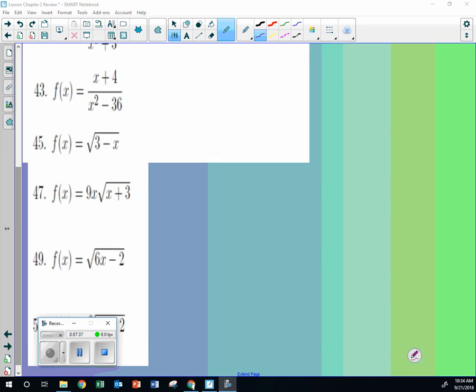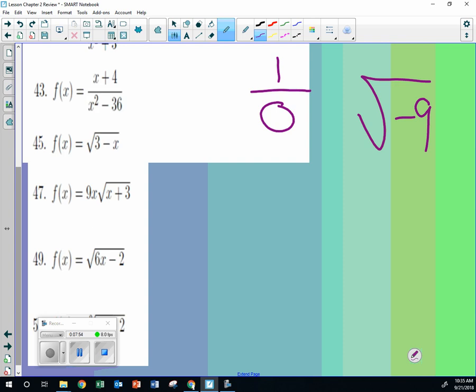So 43, what you're doing with that one is you're trying to find the domain. We don't want the range yet, just to find the domain. So there's two things that we can't do. We can't divide by 0, and we can't take the square root of a negative number, okay?